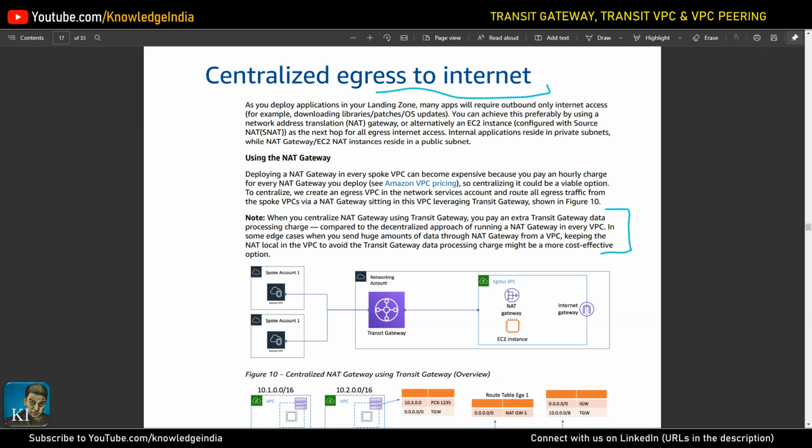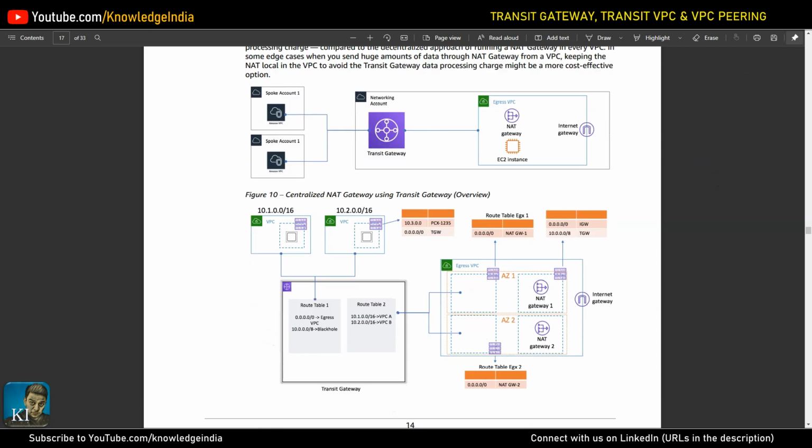Okay, so in order to do that, if you just see this diagram, you'll have to attach VPC 1 and VPC 2 to a Transit Gateway. So you know that what happens internally is that when you attach a VPC to a Transit Gateway, an ENI gets created in that VPC, right?